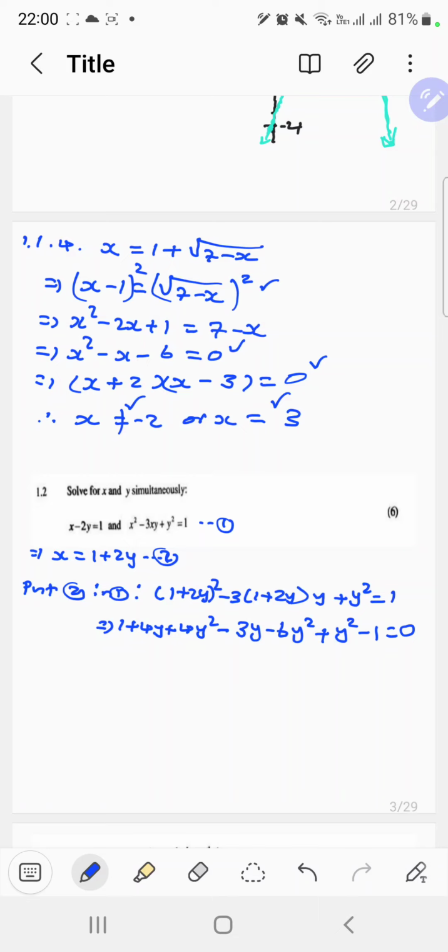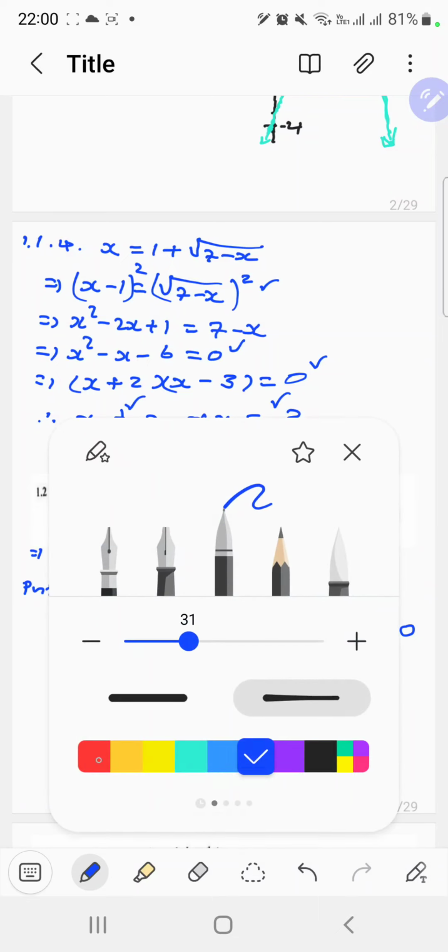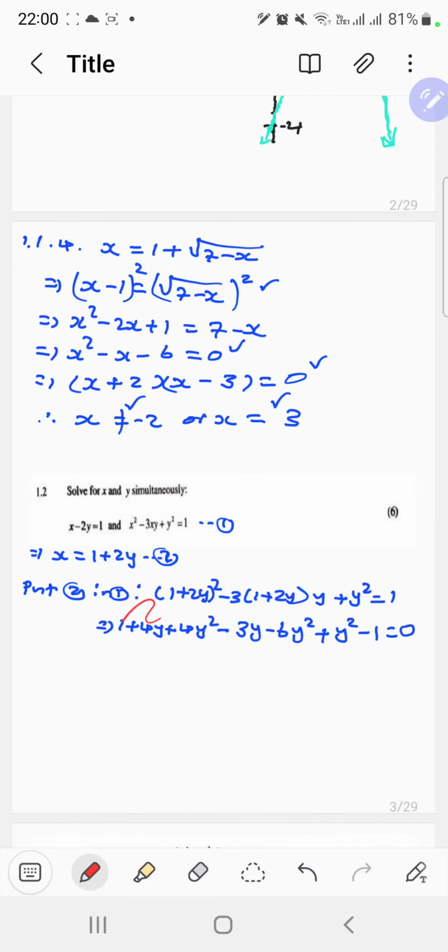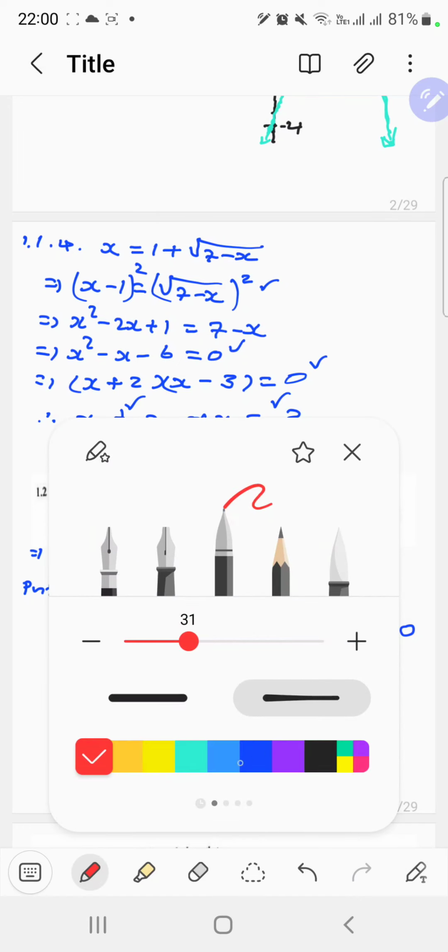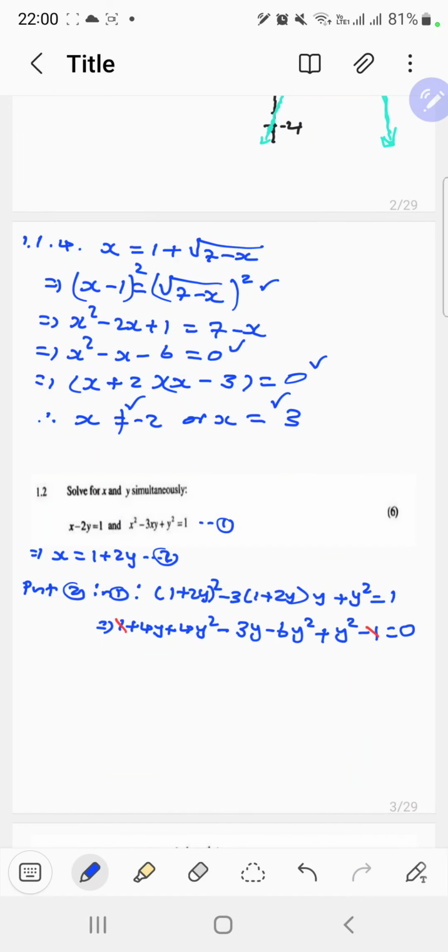So you can already see here that a lot of things cancel each other. 1 cancels 1. And then of course we are left with just a lot of work. So now let's deal with the y squareds. So we have 4 minus 6, so we get a minus 2y squared.